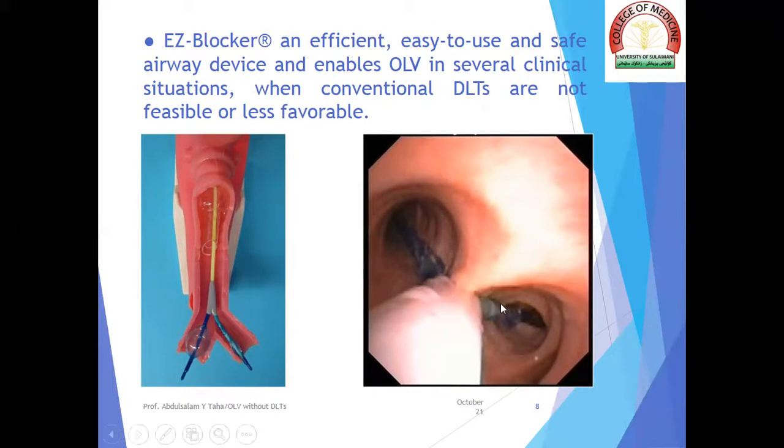And this is the fiber optic bronchoscopic picture of the EZ blocker in position. So the EZ blocker is an efficient, easy to use, and safe airway device and enables one lung ventilation in several clinical situations when conventional double lumen tubes are not feasible or less favorable.